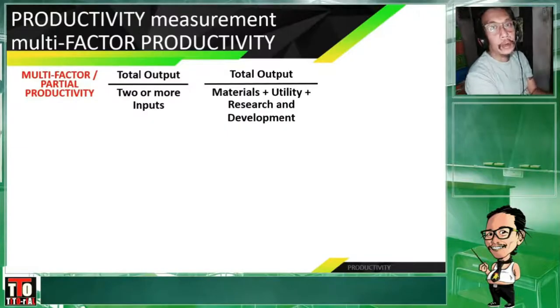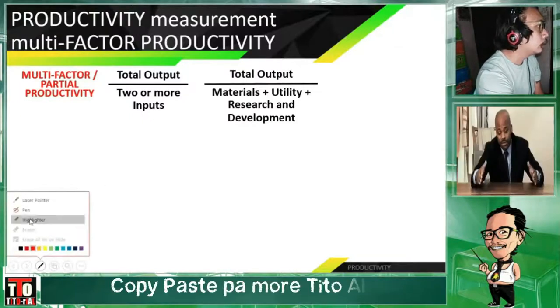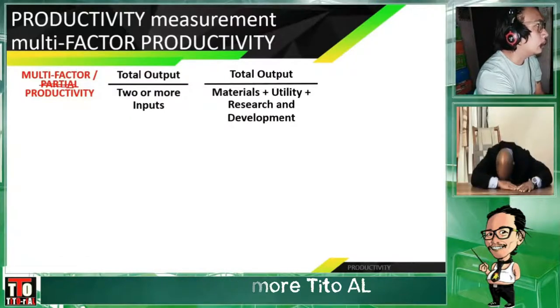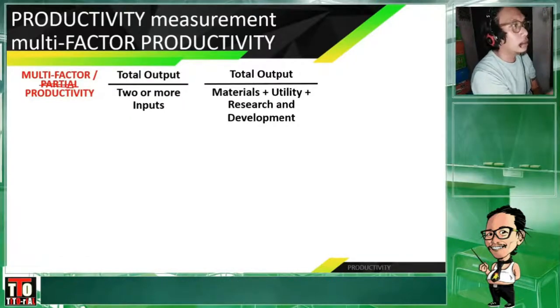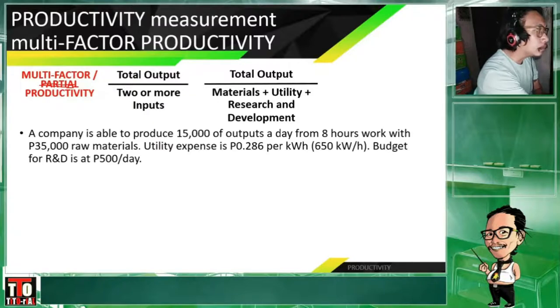Another example for multi-factor productivity. Again, it's not partial, it's multi-factor. Okay? Now, this time, we will use 3 inputs, which are materials, utilities, and research and development.